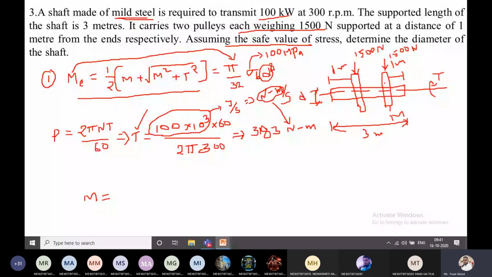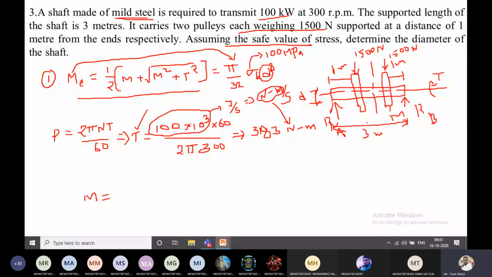Suppose this is point A, reaction at A, and this is the reaction at point B. Total load is going to be distributed on these. Because this is a symmetrical section. Why am I saying symmetrical? Because these two pulleys are mounted at the same distance, 1 meter from this end and 1 meter from this end, each having 1500.